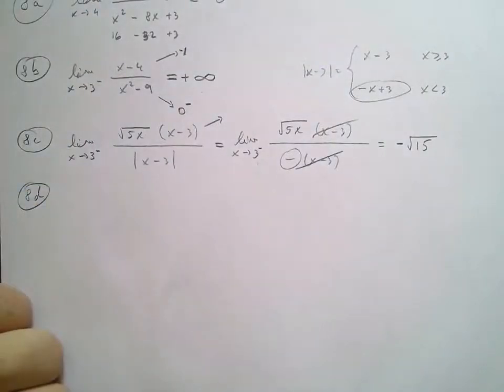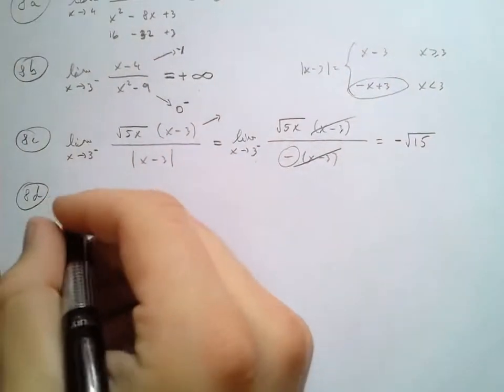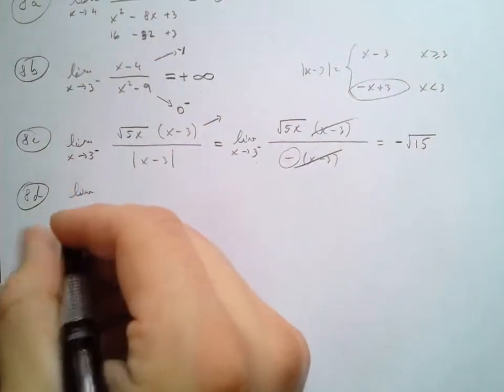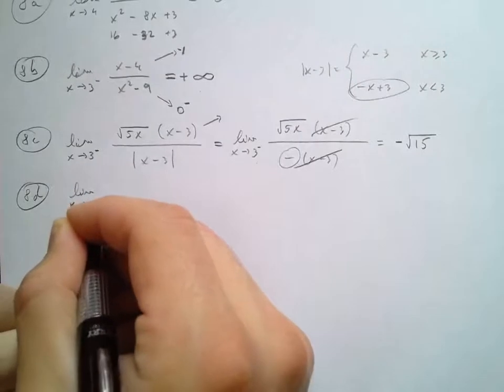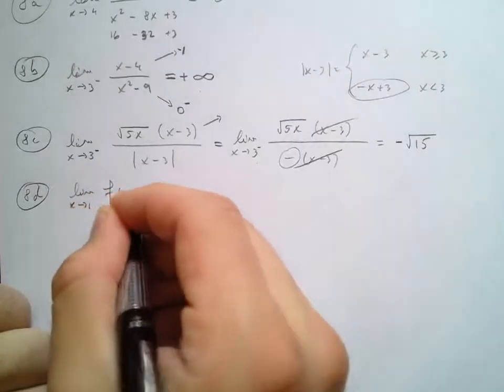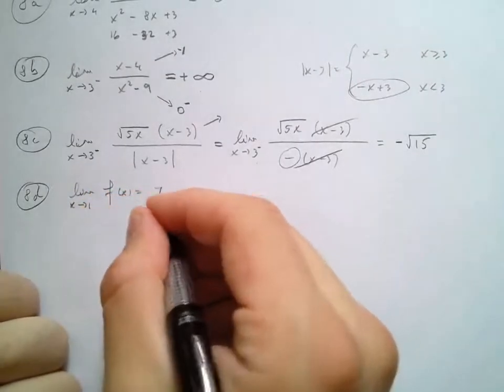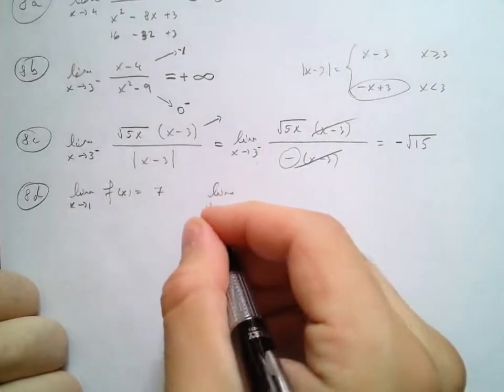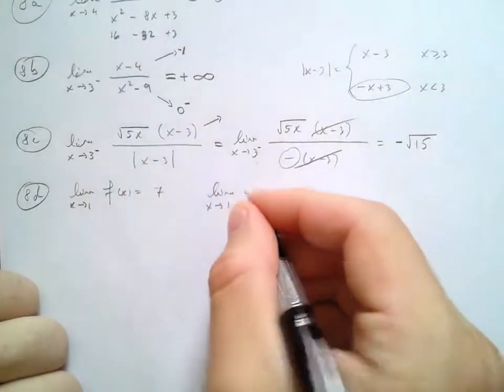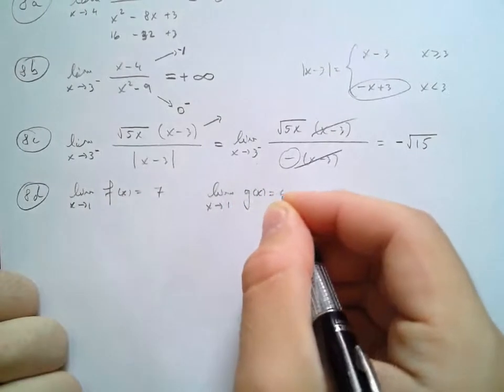And here we are considering three functions actually. I'm told that the limit as x approaches 1 of the function f of x is equal to 7. Limit as x approaches 1 of g of x is equal to 4.